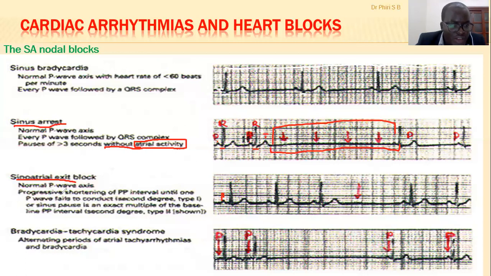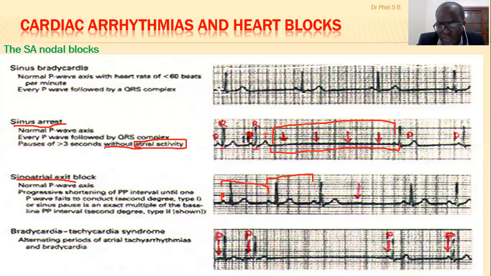Then there is progressive shortening of the PP interval until one P wave fails to conduct. So you can see here, from this P wave to another P wave, and then from this P wave to another P wave, there is shortening in the PP interval, until there is a drop in the P wave.